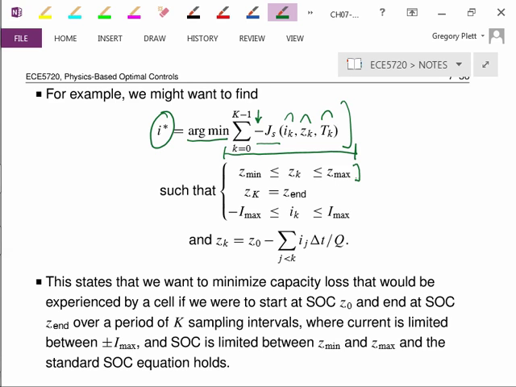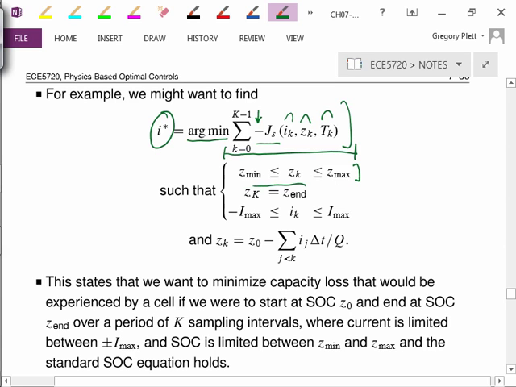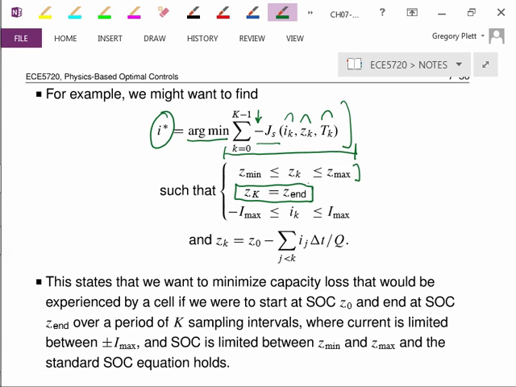But here we're thinking about having at least some possible limit on that variable. We also want Z at the final time, capital K, to be Z end. So Z end is our desired fully charged point, whatever that is. Maybe I want to charge up to 90%, then Z end is 0.9.